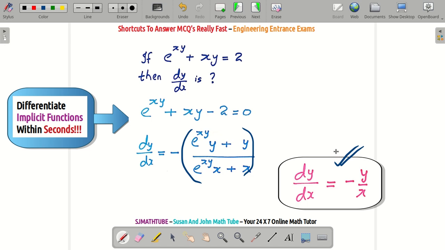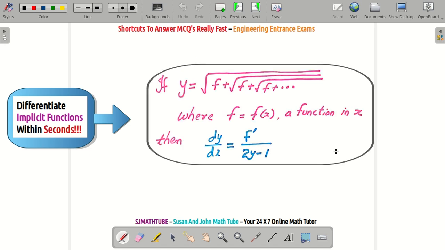Okay, let's move ahead and learn one more type. Sometimes in the entrance exam you will see patterns like this. That is, y is equal to root under f plus root under f plus root under f plus dot dot dot, and this f actually stands for a function in x.